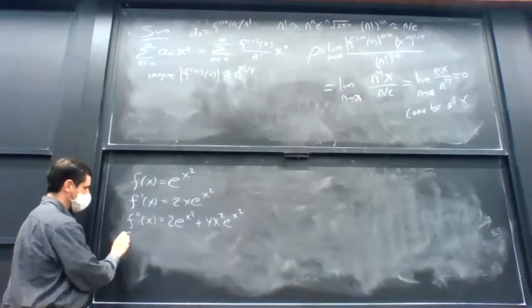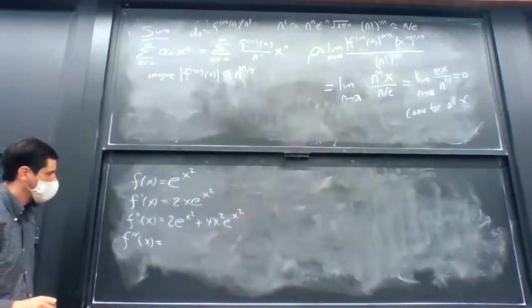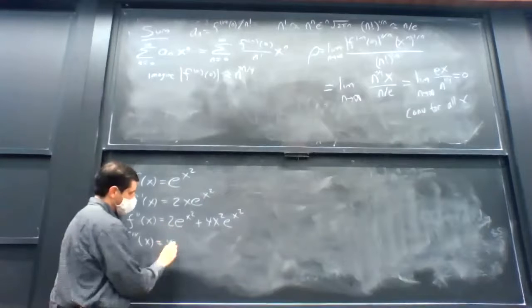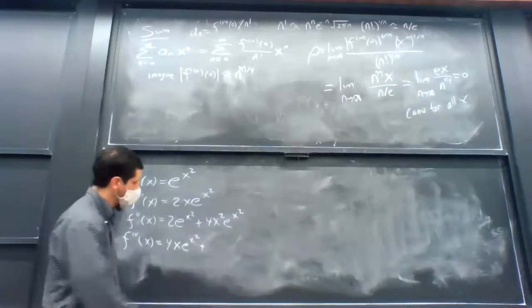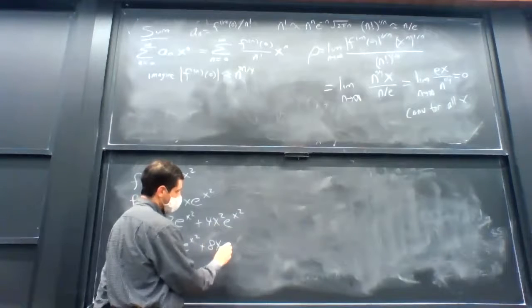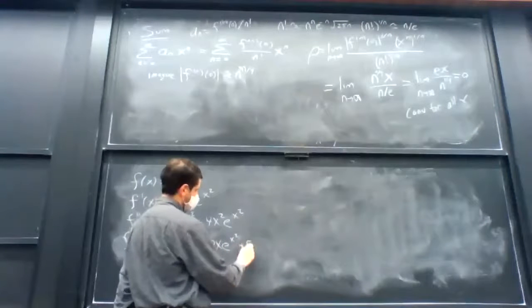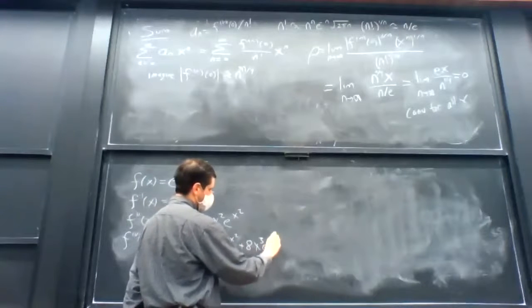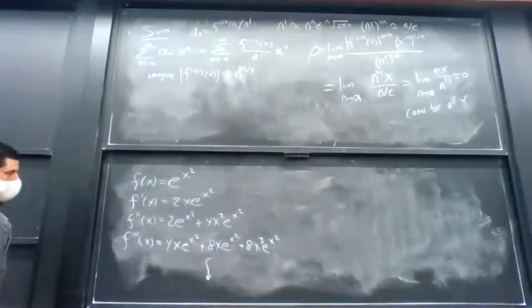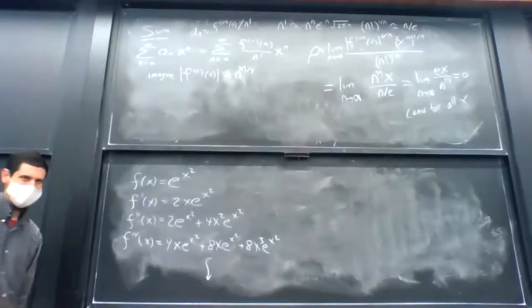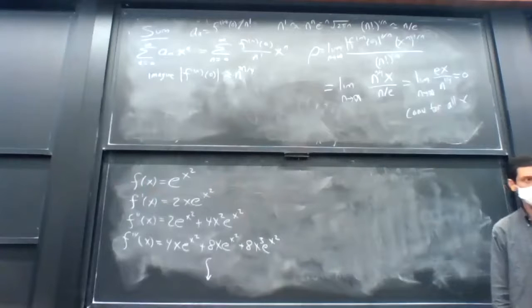If I then do the third derivative, if I'm doing this correctly, it would be 4x e to the x squared. And I'm going to take note of this part, it would become 8x e to the x squared plus 8x cubed e to the x squared, and so on and so on. And so if I try to do it like this, it's going to become extremely painful.